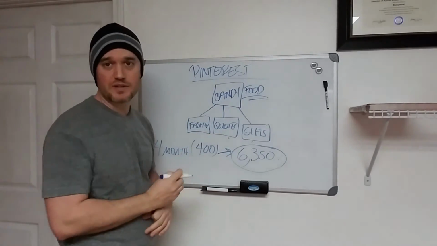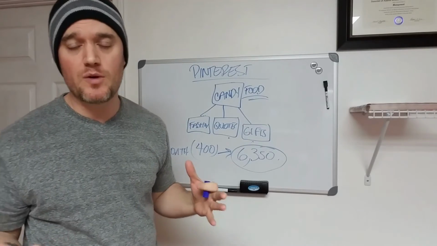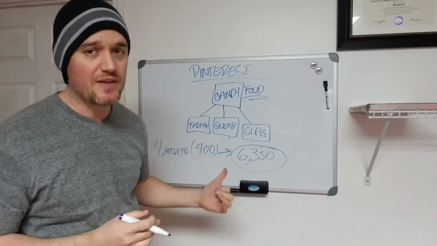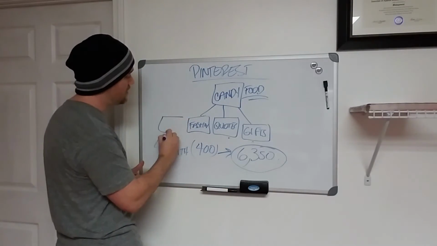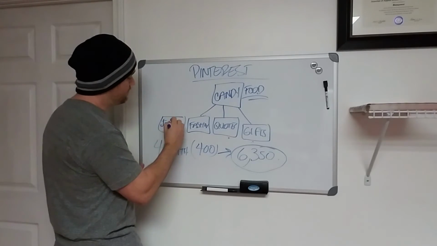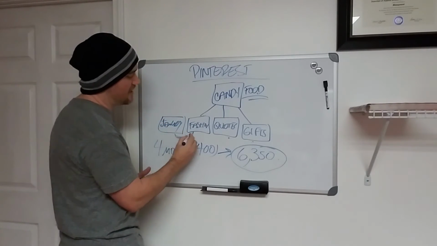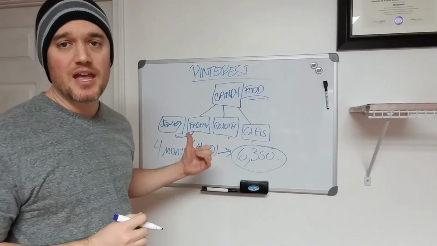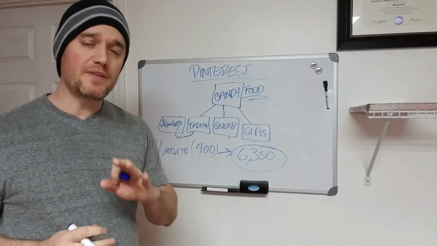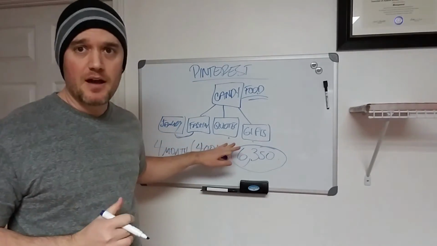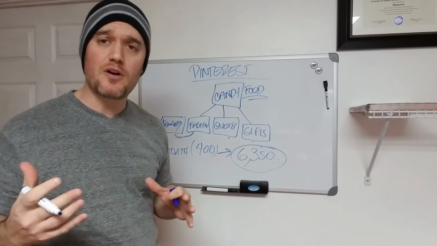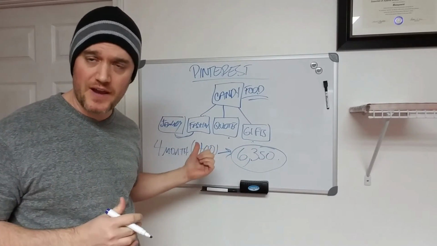So fashion, of course, a lot of women, if not every woman, loves something that's fashion related. We even have one that's jewelry that intertwines with fashion. Now you have to understand something: I don't take my candy pins and our food products and put them on fashion boards.